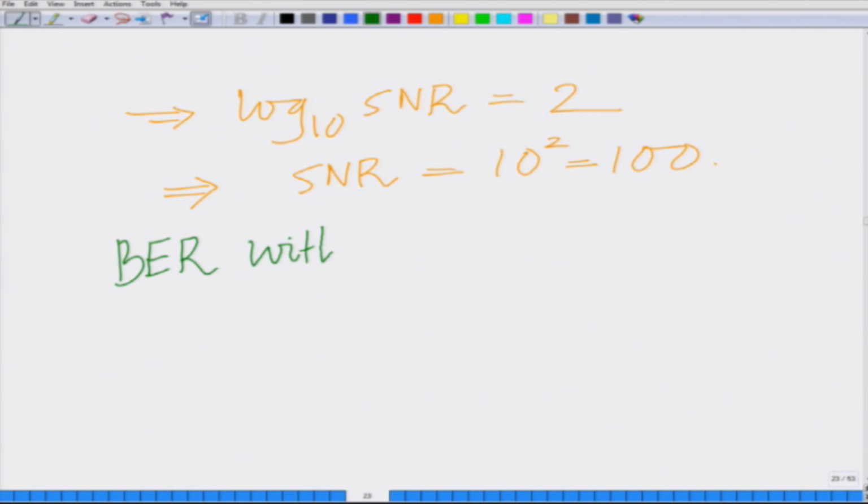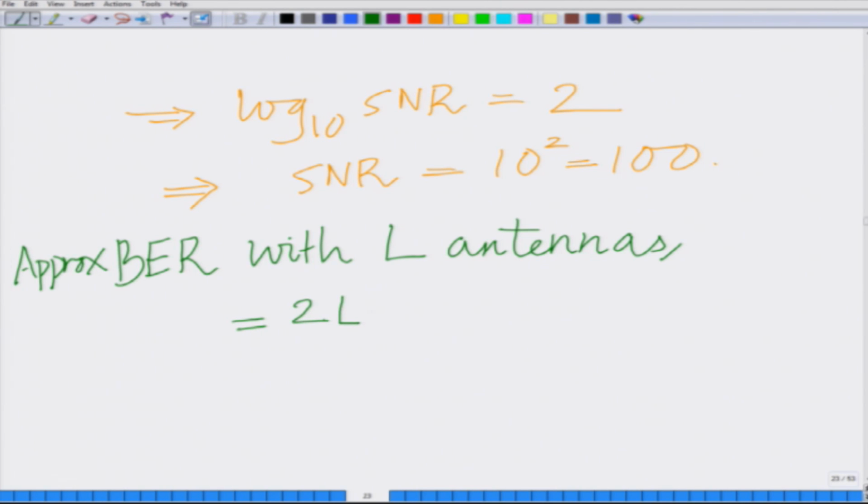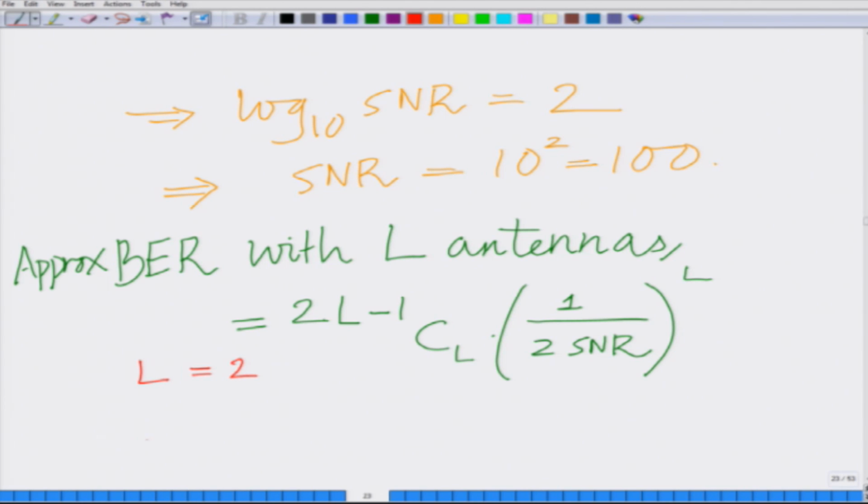And now our expression for approximate bit error rate with L antennas, we had seen that this is equal to 2L minus 1 choose L times (1 over 2 SNR) raised to the power of L, but we are given L is equal to 2 receive antennas.